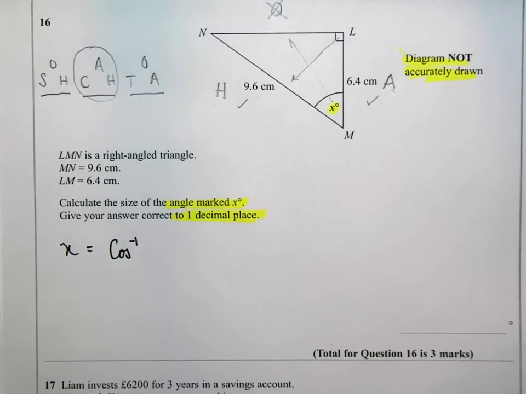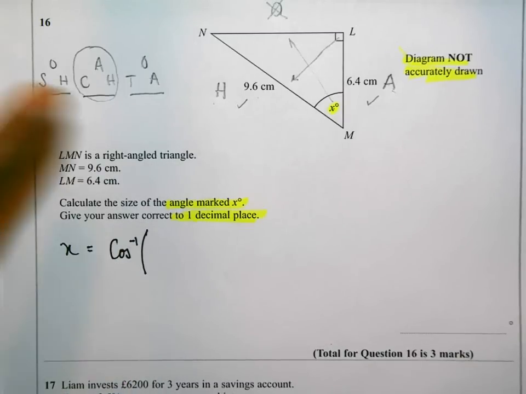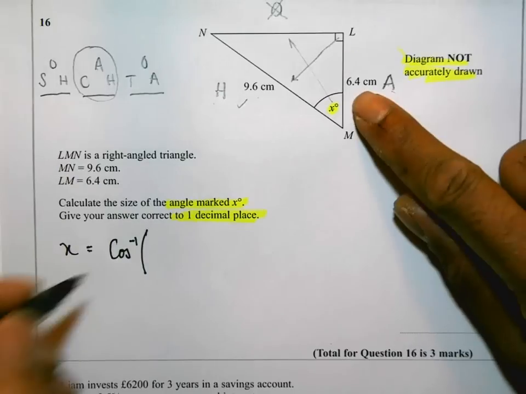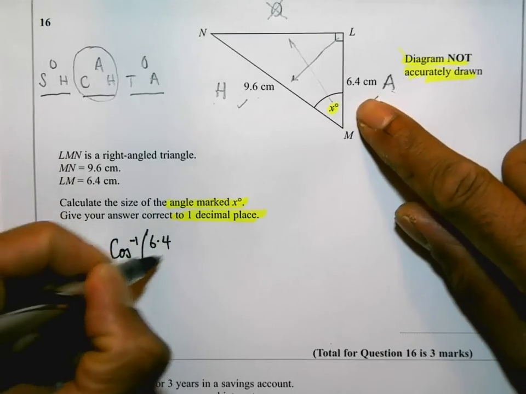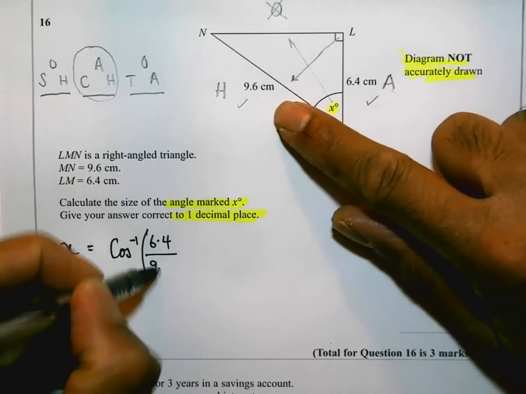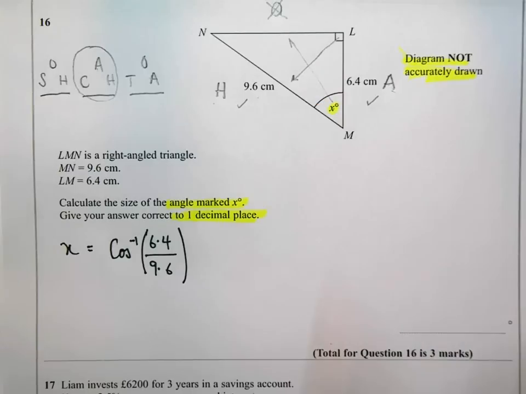I'm going to put that in brackets because it's A over H. It's going to be 6.4 divided by 9.6. And I'm going to put all of that into my calculator.